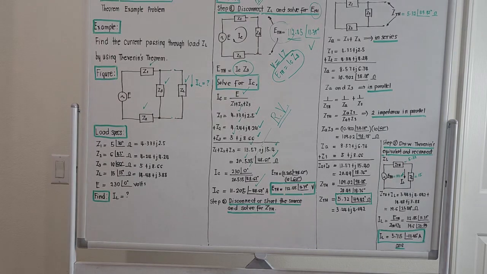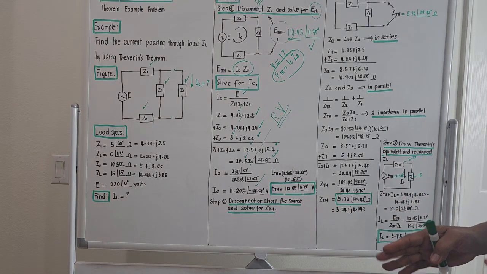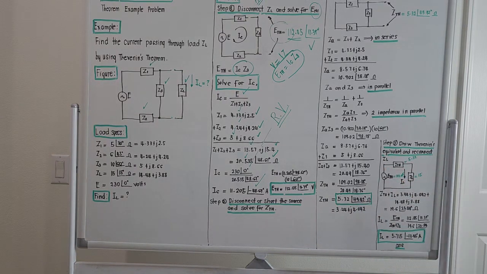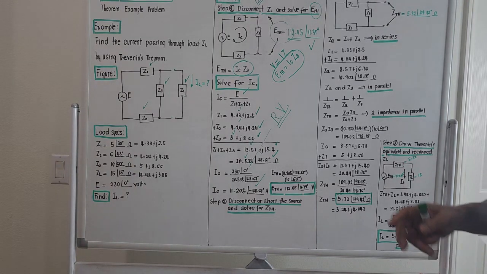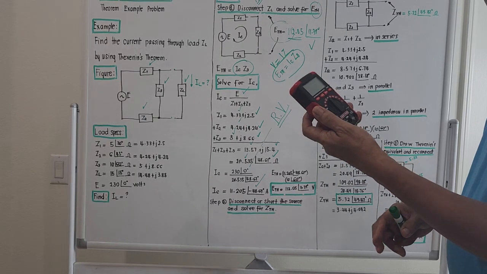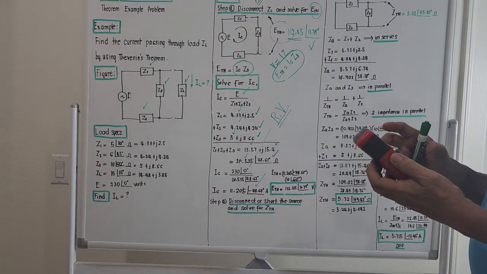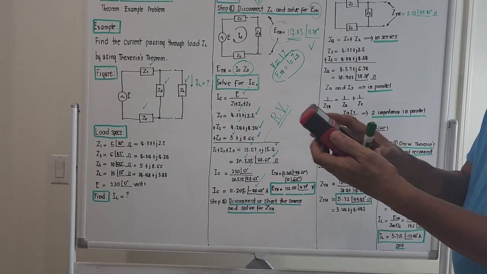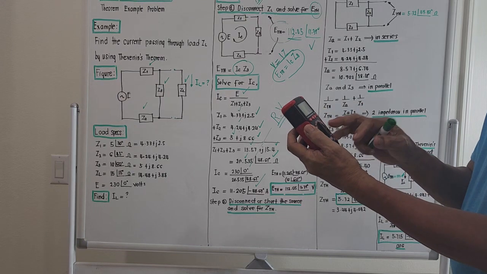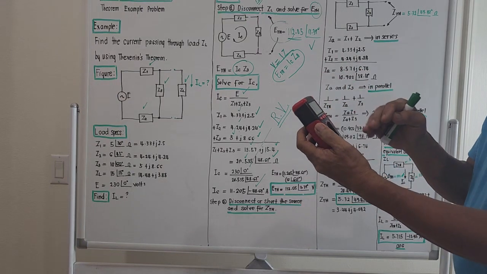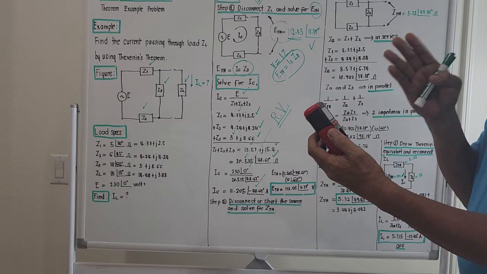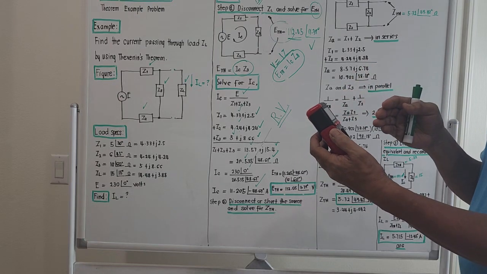Okay, step number 2. We will compute for the open circuit impedance. We will be using again our multitester. This multitester doesn't have the impedance measurement, but there are multitesters which could measure impedance.